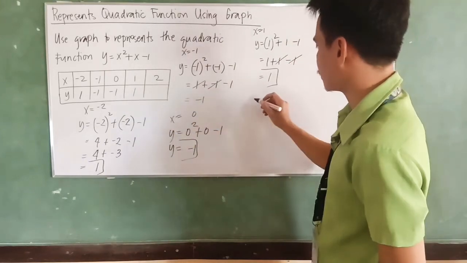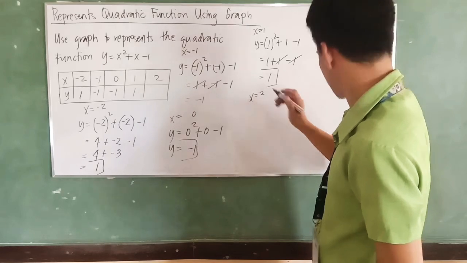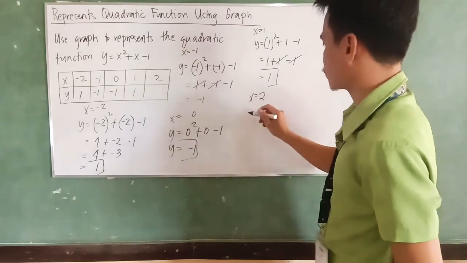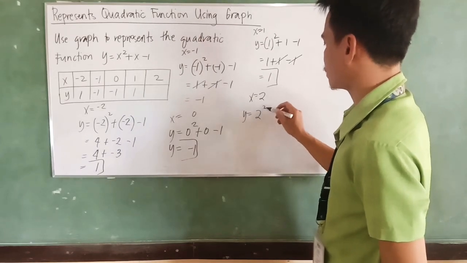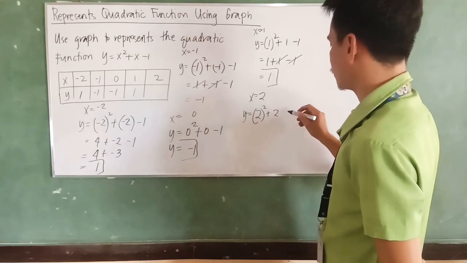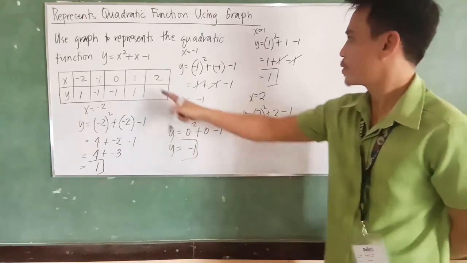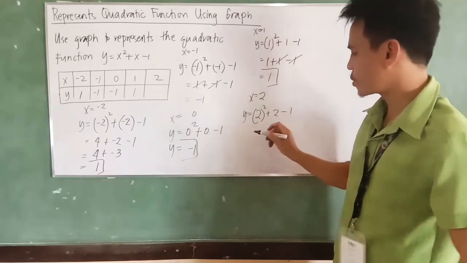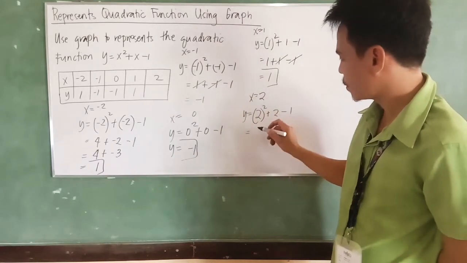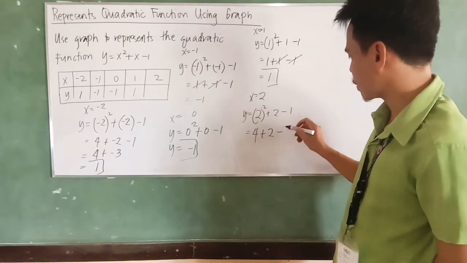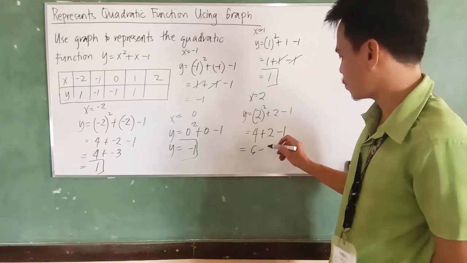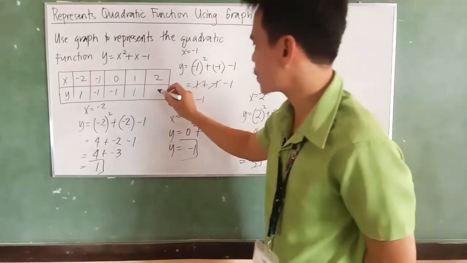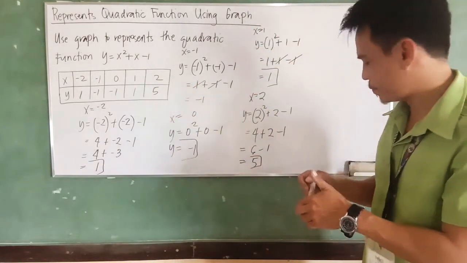So lastly, we have x is 2. So therefore, y is equal to 2 squared plus 2 minus 1. Okay, so perform the operation. We have 4 plus 2 minus 1. So therefore, this is 6 minus 1 is equal to 5. So therefore, this is 5.